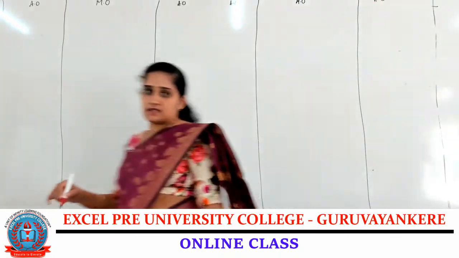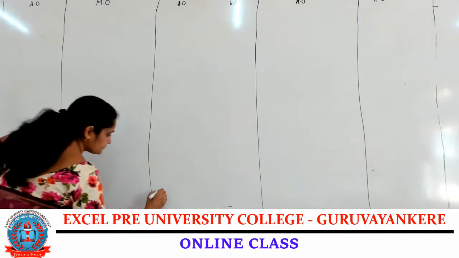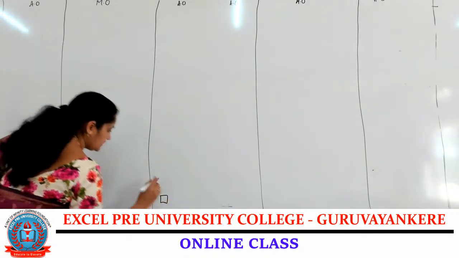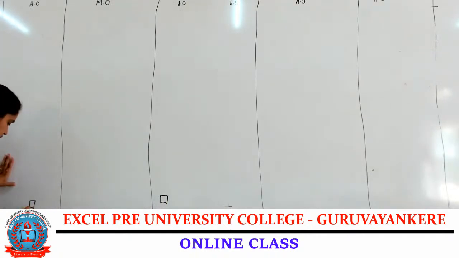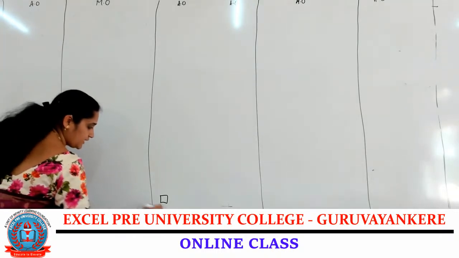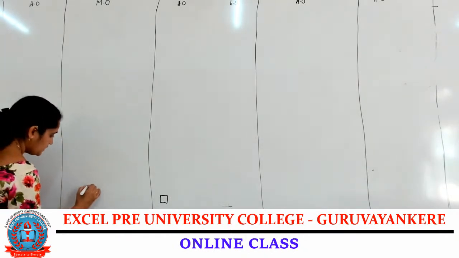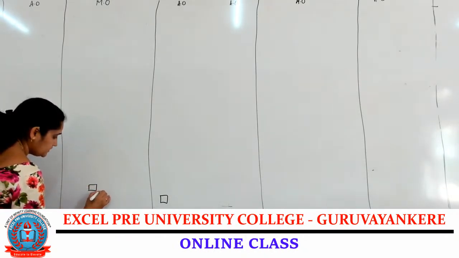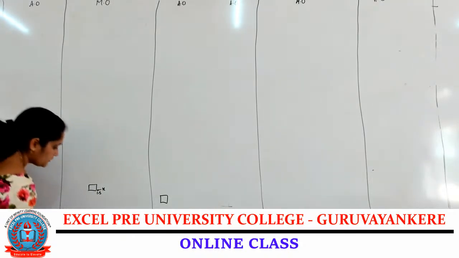Atomic orbital. Consider the first one is 1s. Representing the boxes is very important. It should be in a straight line. 1s of one atom, 1s of another atom. These two combined will form two molecular orbitals. One is sigma 1s and the other is sigma star 1s, the antibonding molecular orbital.